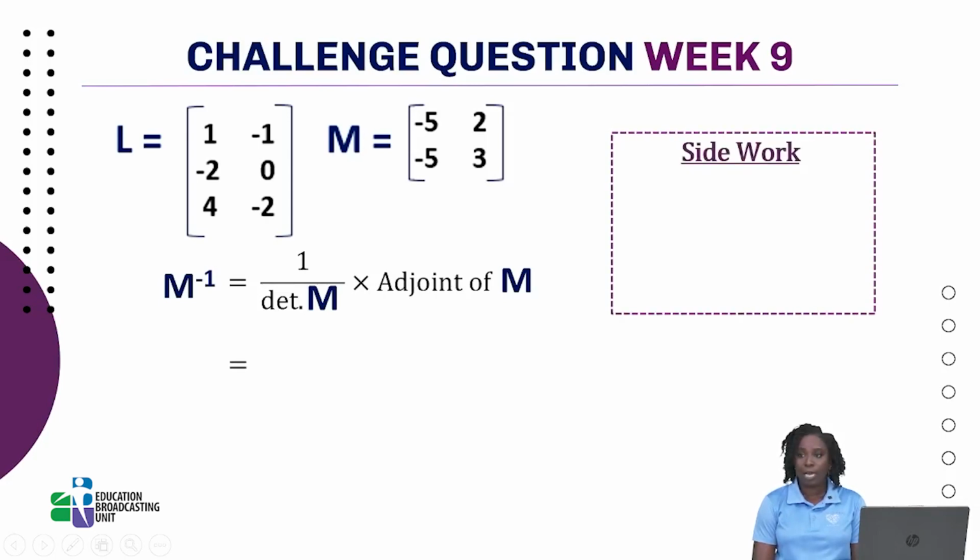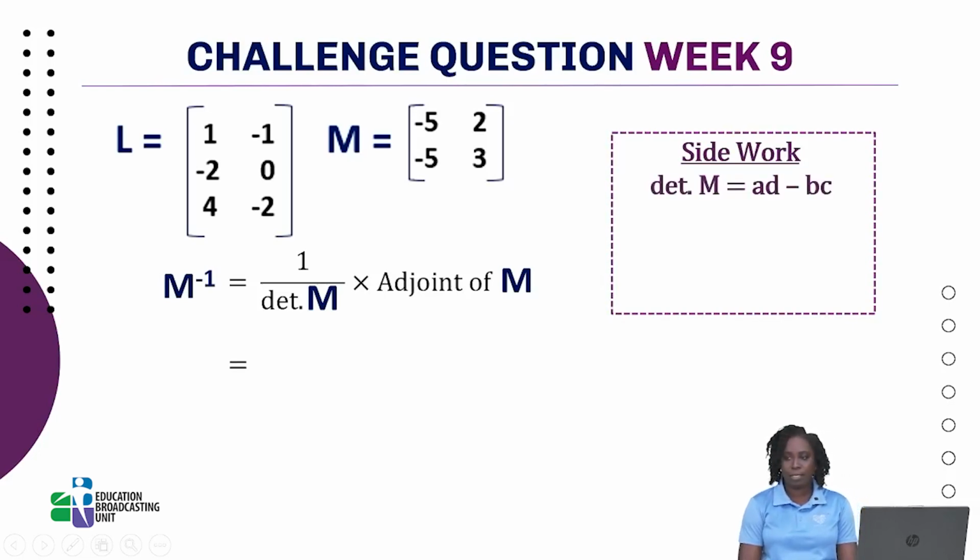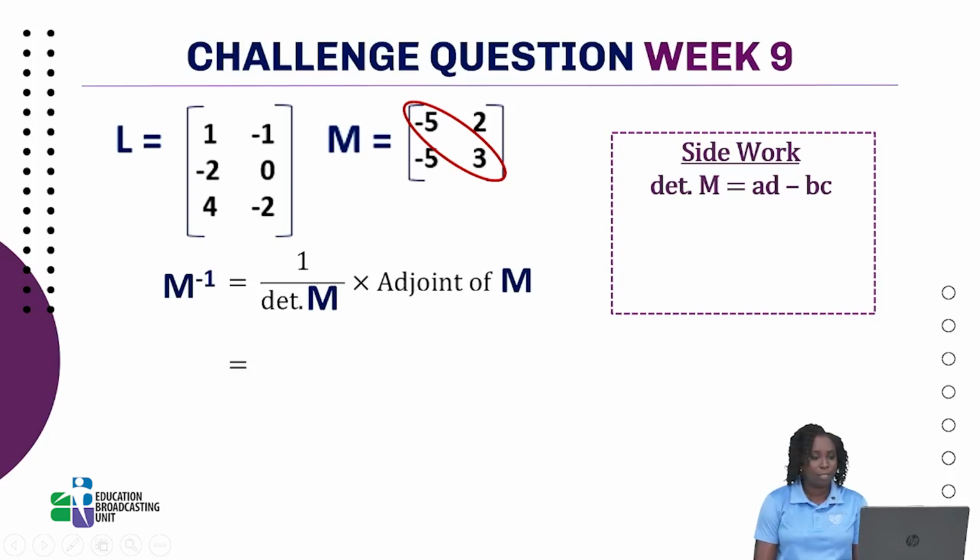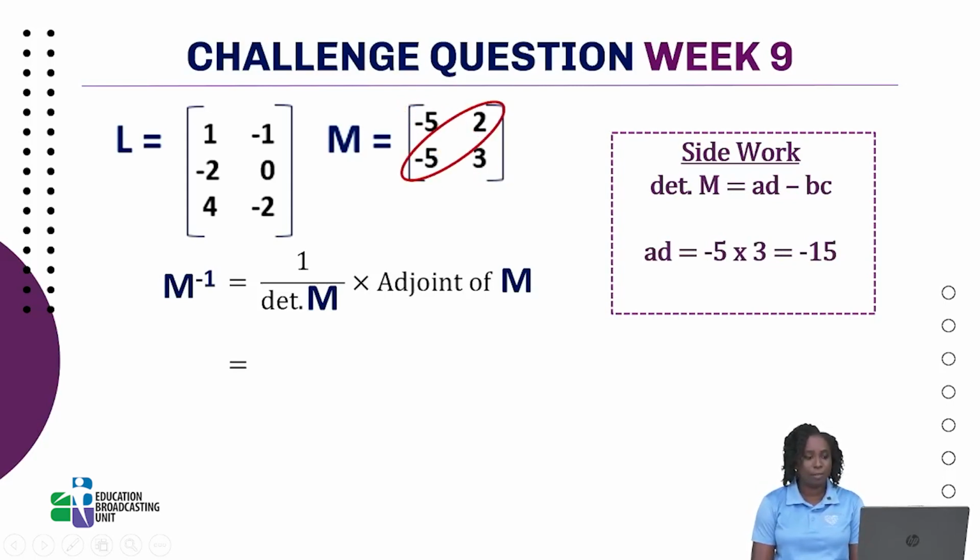So we're going to look at our matrix M, and we're going to find the determinant. And so we're going to be looking at the diagonals. So -5 times 3, which is our AD, and that's equal to -15. And then we'll look at the next diagonal, which is 2 times -5, and that's -10.